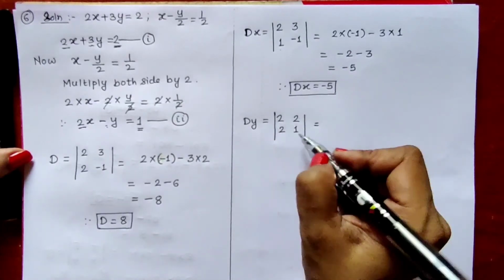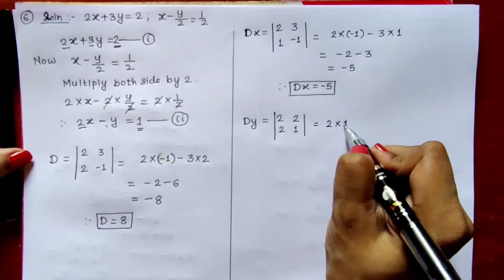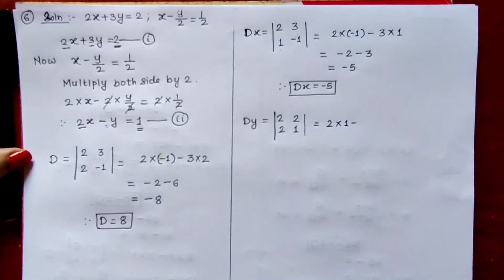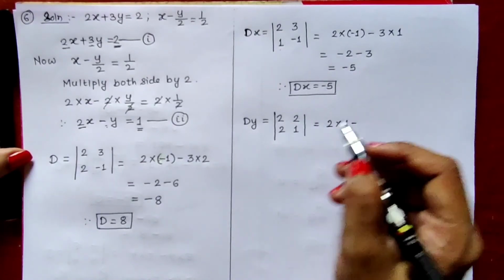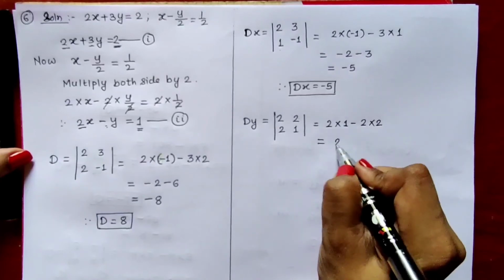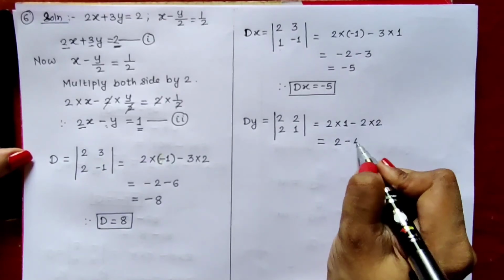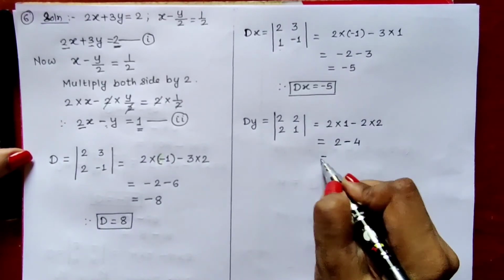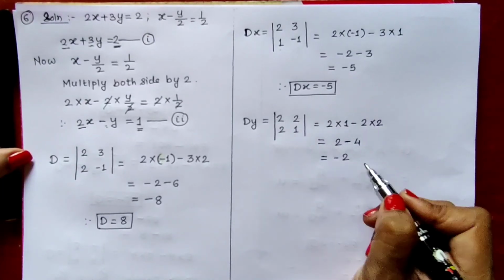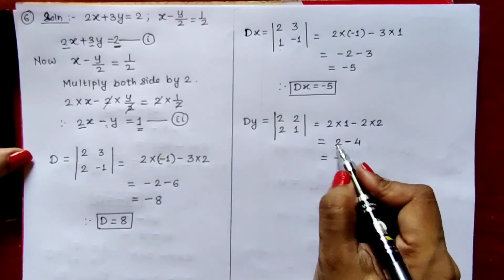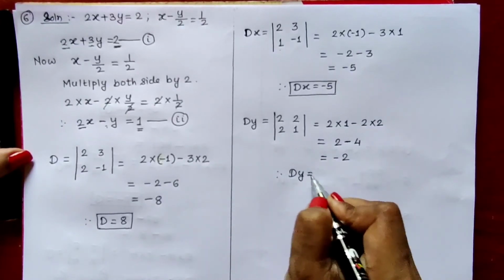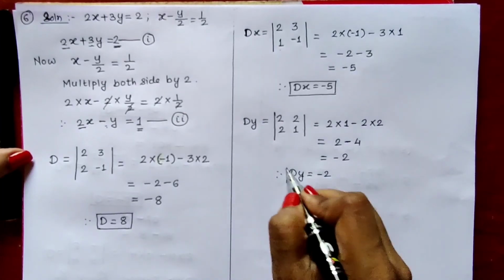Multiply 2 into 1 minus 2 into 2. 2 into 1 is 2 minus 2 into 2 is 4. 2 minus 4, minus sign we will have to write because the bigger number is having minus sign. 4 minus 2 is 2. So 2 minus 4 is minus 2. Therefore Dy is equal to minus 2.